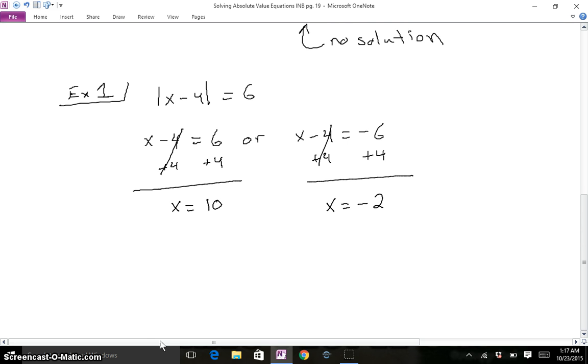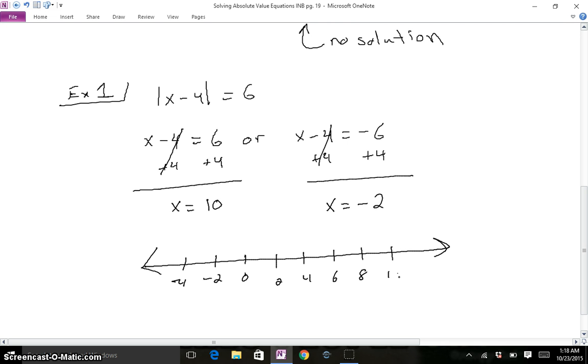Now, what does this look like? Well, we can draw a number line. And we can have negative 4, negative 2, 0, 2, 4, 6, 8, 10, 12. So we have a solution here at 10. We have a solution here at negative 2. Now, each of these solutions are 6 units from 4.